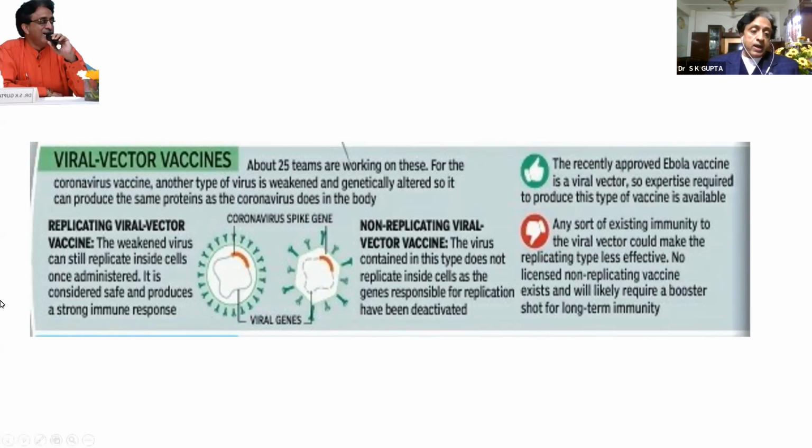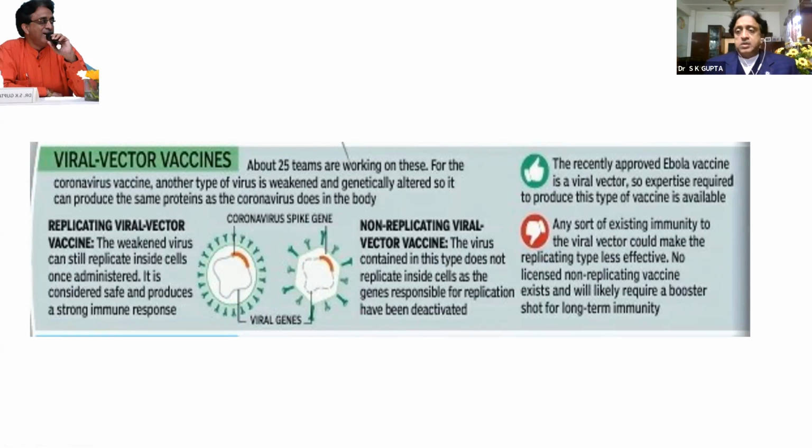And in the replicating viral vector vaccines, the virus which is injected inside the body is able to replicate, and the second dose of the vaccine is not required. The J&J vaccine was similar to this, but this too has gone into trouble.